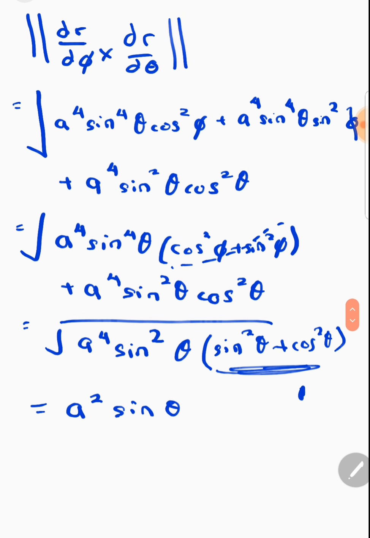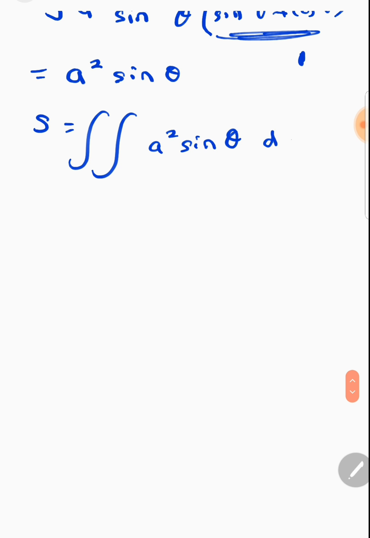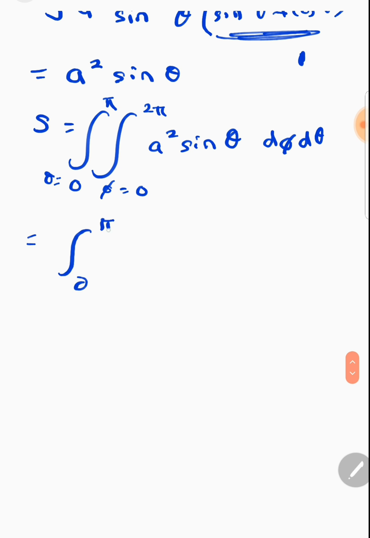Now that you have found the magnitude of this, I found my S. My S is basically the double integral of the magnitude of the cross product, the parameterization, d phi d theta. And where would my phi go? From 0 to 2 pi, and d theta from 0 to pi. From here I can get the integral from 0 to pi of a square sine theta.